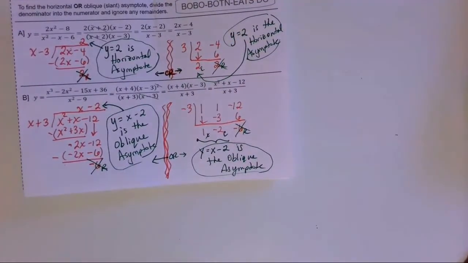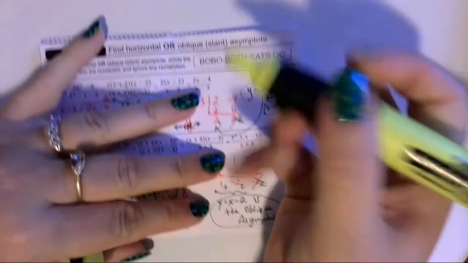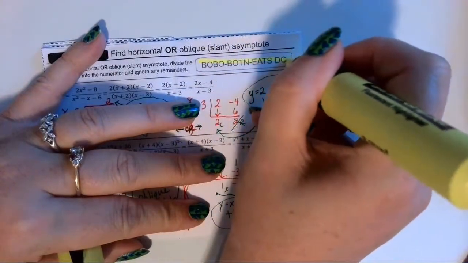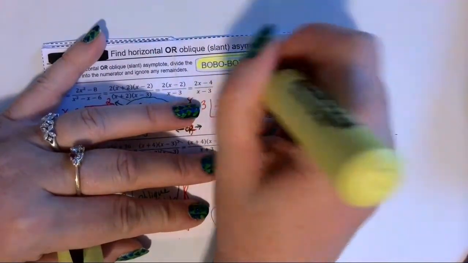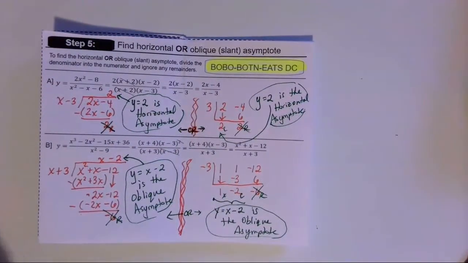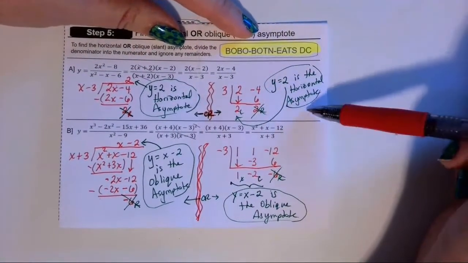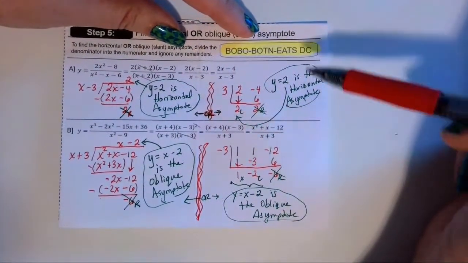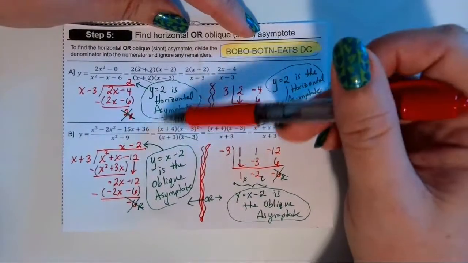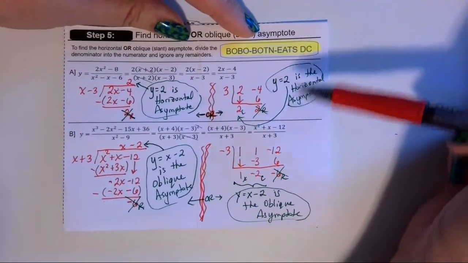Okay. Now you'll notice up in the corner here an acronym: BOBO BOTN EATS DC. Okay, BOBO BOTN EATS DC. This is a popular acronym for having to not do division every time. You can always do either long division or synthetic division, and you're going to find the horizontal or oblique asymptote.